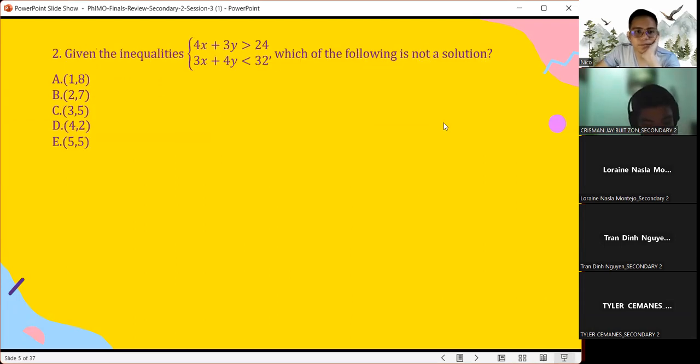Okay, this one is inequalities. Which of the following is not a solution? So we're looking for not a solution, right? Let's look at the first one. This is 4x plus 3y is greater than 24.